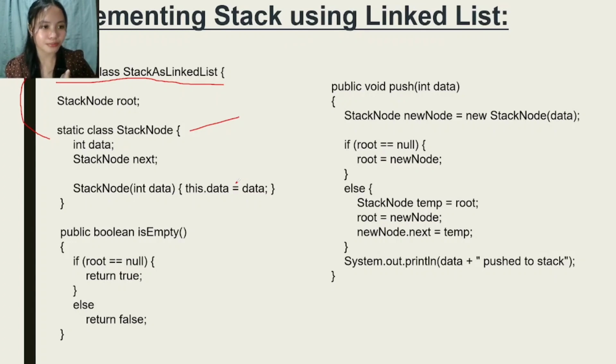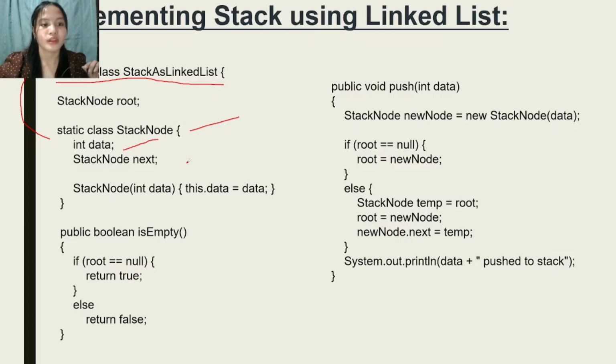So next is the int data. Okay, we declared a variable data in integer type. So obviously, we will store a value in the data variable, an integer type of value.